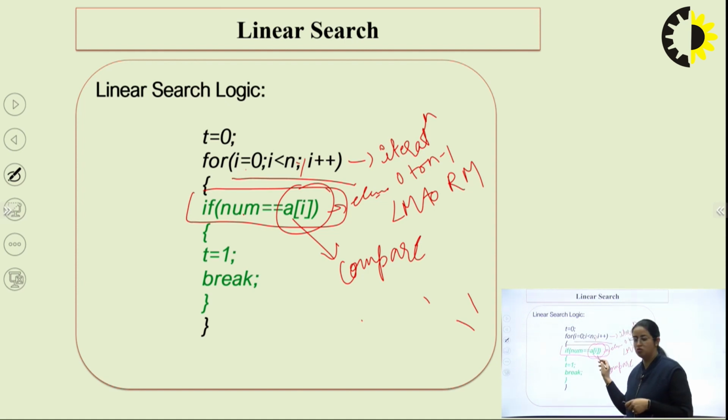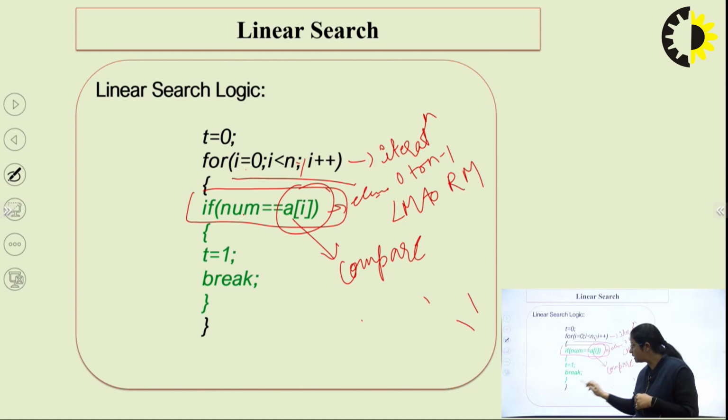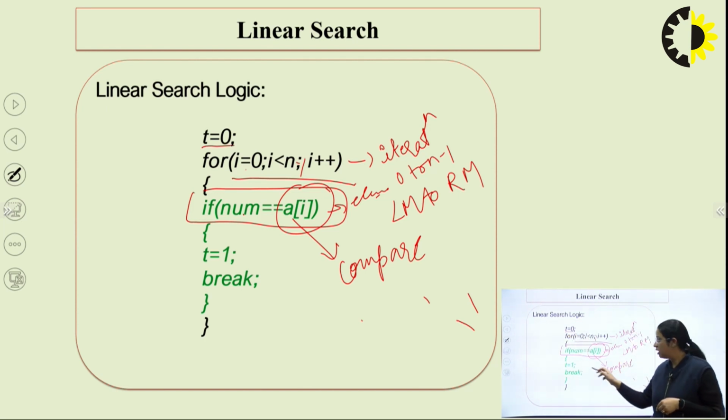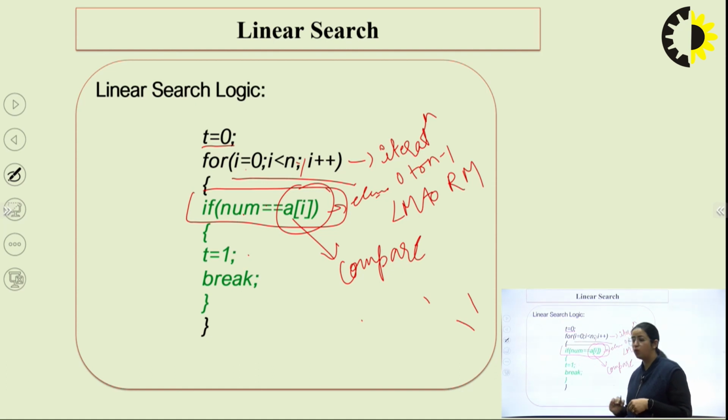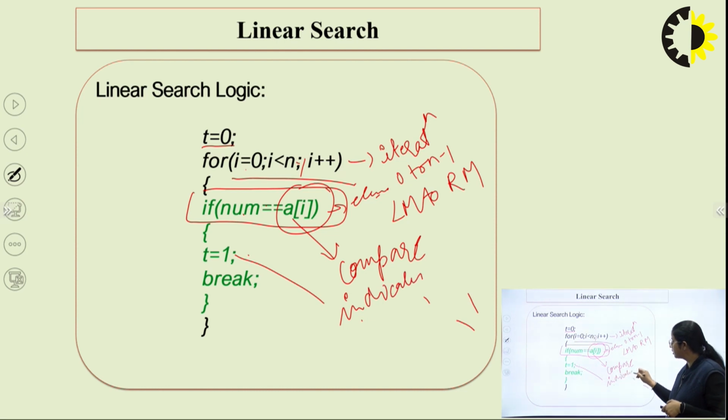If this is true, as you know the concept of if and else, which are conditional statements, then we enter the condition. If the condition is false, we just continue iterating the outer loop. We initialize the value of t, starting at 0, and after the condition becomes true, we put 1 here. That means the value of t becomes 1, which indicates that our search is successful.